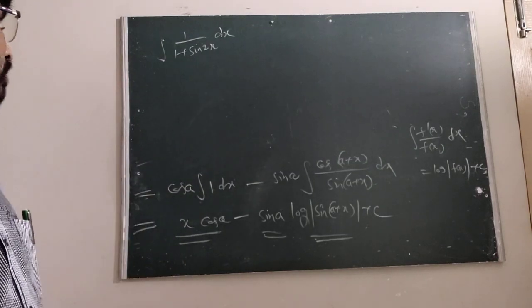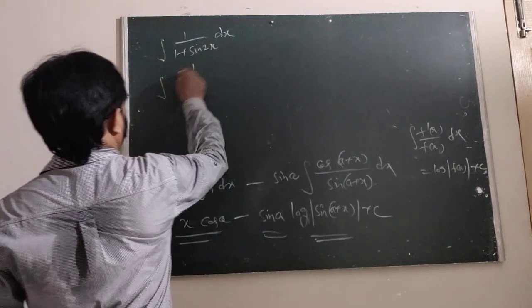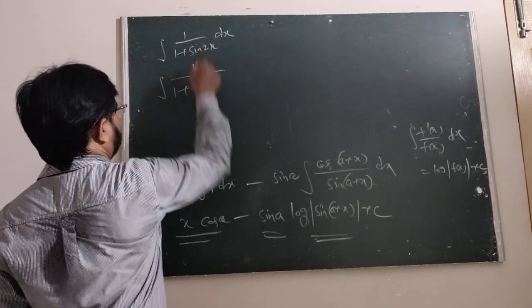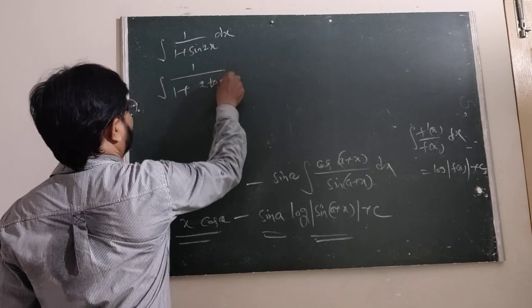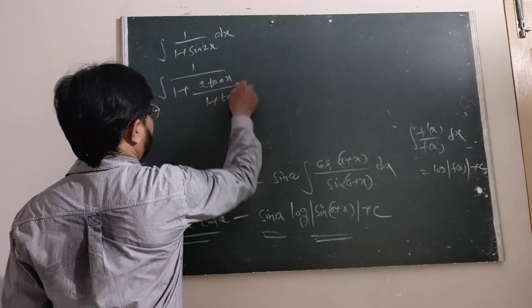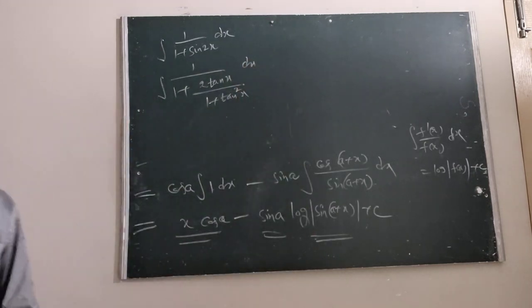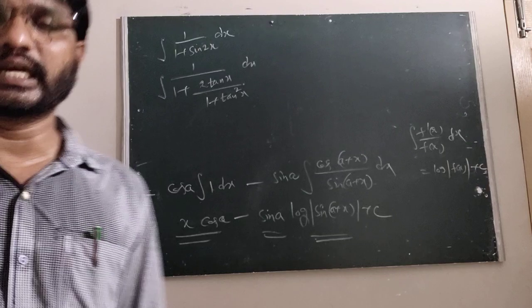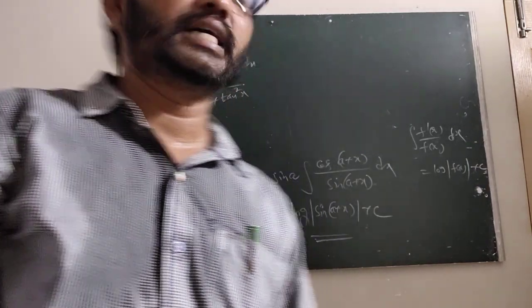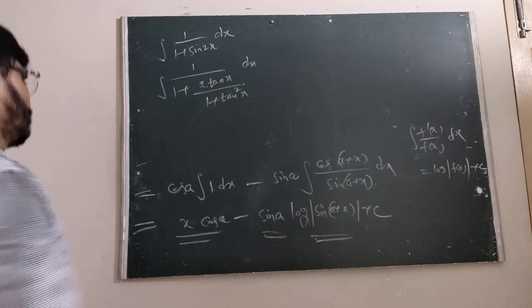Evaluate the integral of 1 upon 1 plus sin 2x dx. We have to know this, everyone. Here we know sin 2x in terms of tan x is 2 tan x upon 1 plus tan square x.